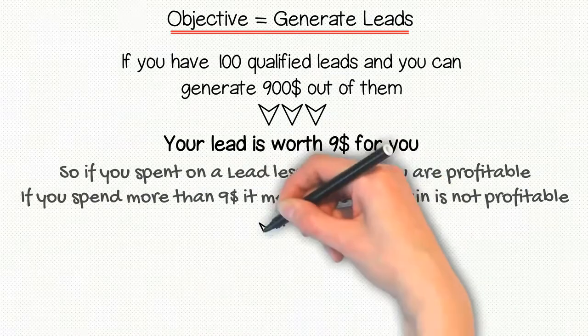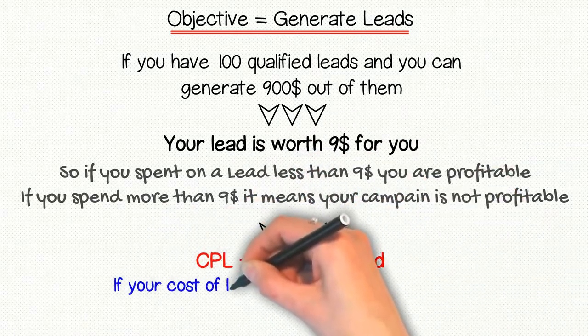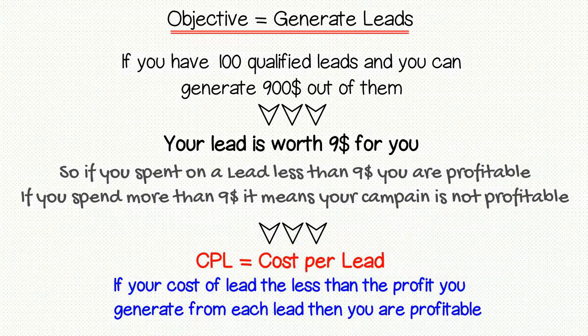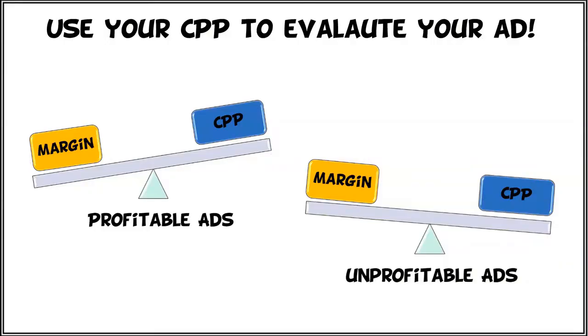And the metric you use here is called CPL, or cost per lead. So if your cost per lead is less than the profit you are generating from each lead, then you are profitable. If you are not a data fan and you don't like to spend lots of time analyzing data, you can only use your CPP or your CPL, and they are sufficient to know if your campaign is doing good or not.